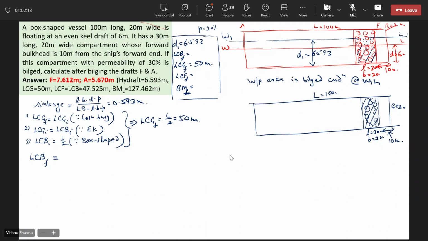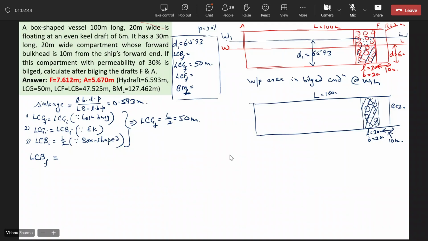For KB, what statement were you making to yourself? Vertical moment of the underwater volume up to W1L1. Now we'll replace the word vertical with longitudinal: longitudinal moment of underwater volume up to W1L1. Then minus the vertical moment of underwater volume not contributing to buoyancy.